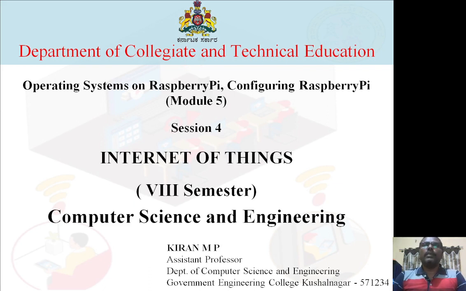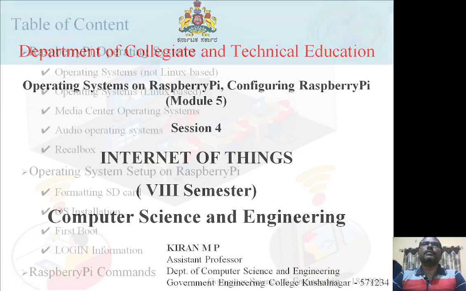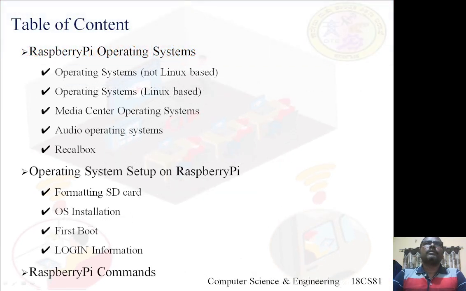Now let us have a look at the agenda of this session. As I said, first we are going to discuss the various operating systems that are supported by Raspberry Pi computer.